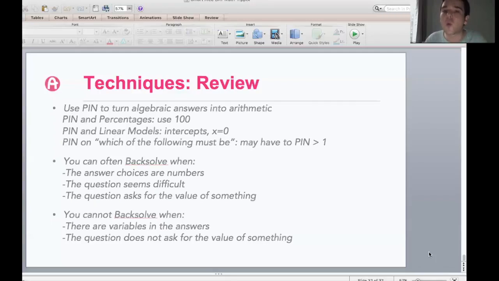And the homework for this week will be just applying PIN and back solving. Yes, all of these questions can be solved other ways. Sometimes it will be easier to solve it other ways, but it is good practice for you and for your student to be able to identify immediately with a question how many ways you can go about it.